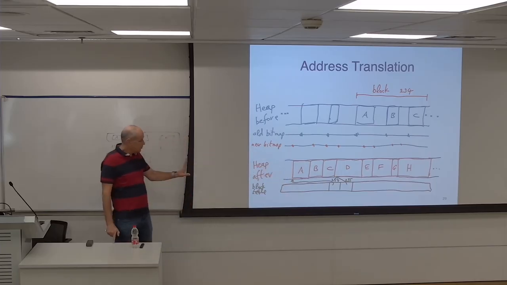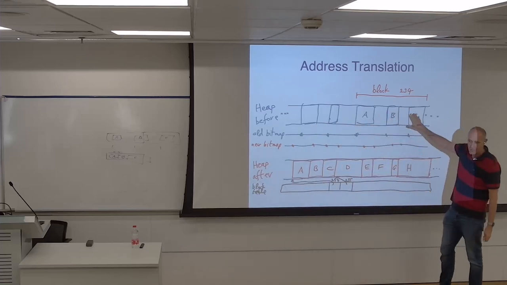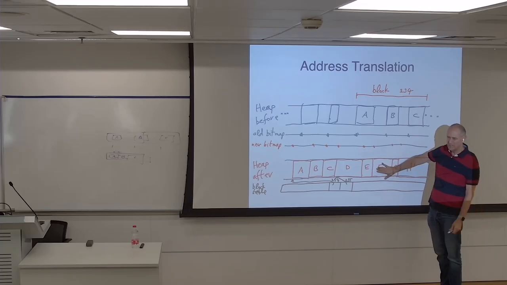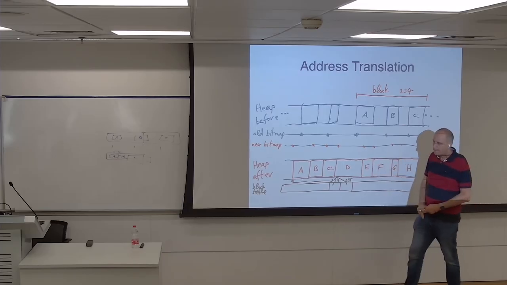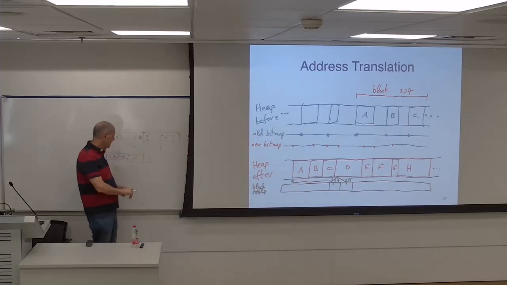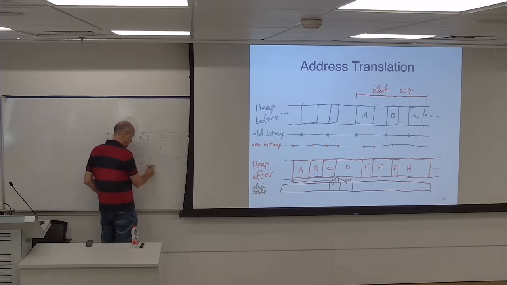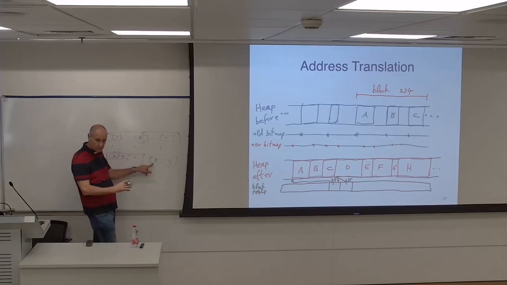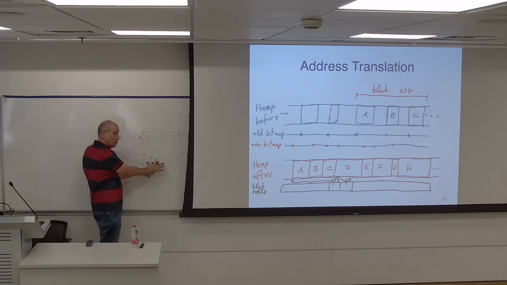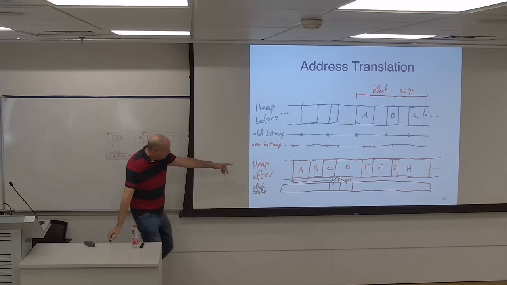The only use of the blocks is to know where each object is. It's like a mapping, and there are no blocks here. There's no blocks after the move, so there will be no problem. So suppose here you have a D. D will be the first, and the table that says where this block starts will tell you where this guy moved. I don't care about block structure in the new heap.